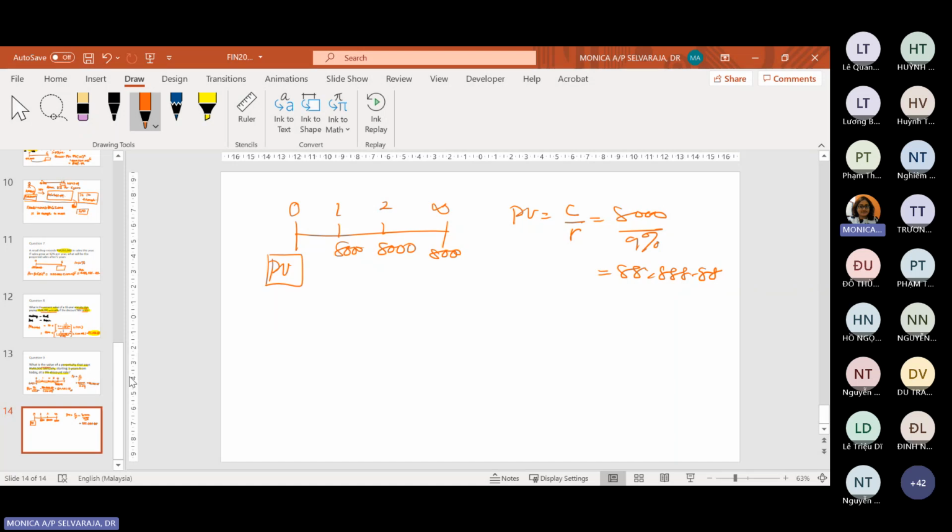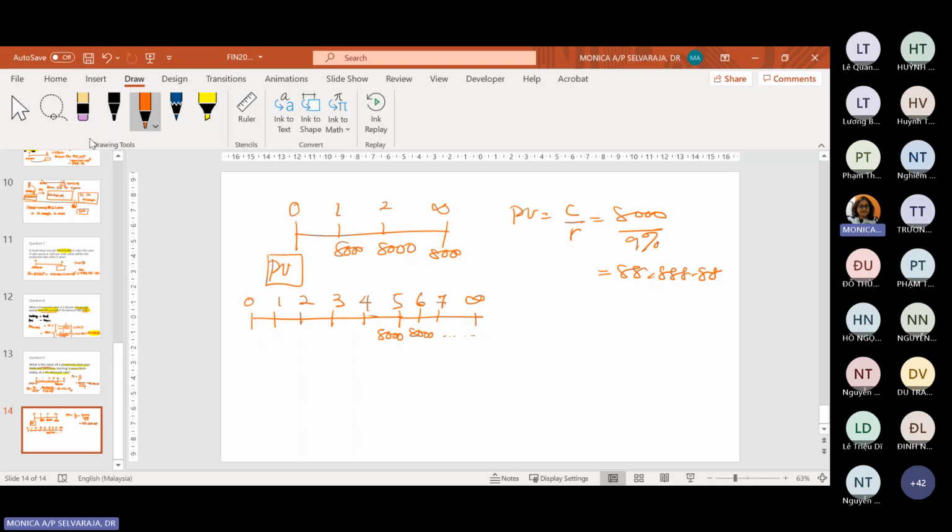So this is assumed as 0, 1, 2, 3, 4, 5. So from the fifth year onwards, I'm getting 8,000 consistently forever. So I'm getting it from the fifth year onwards, from here 6, 7, and so on.